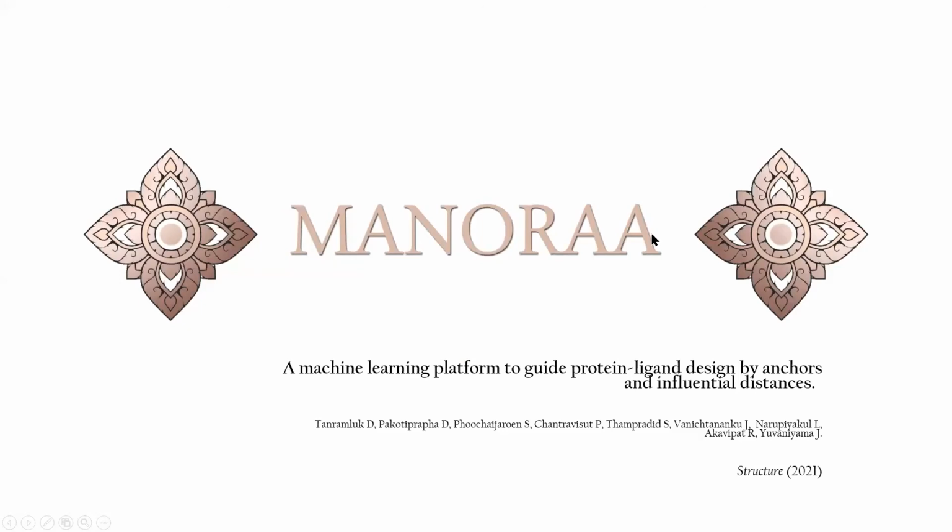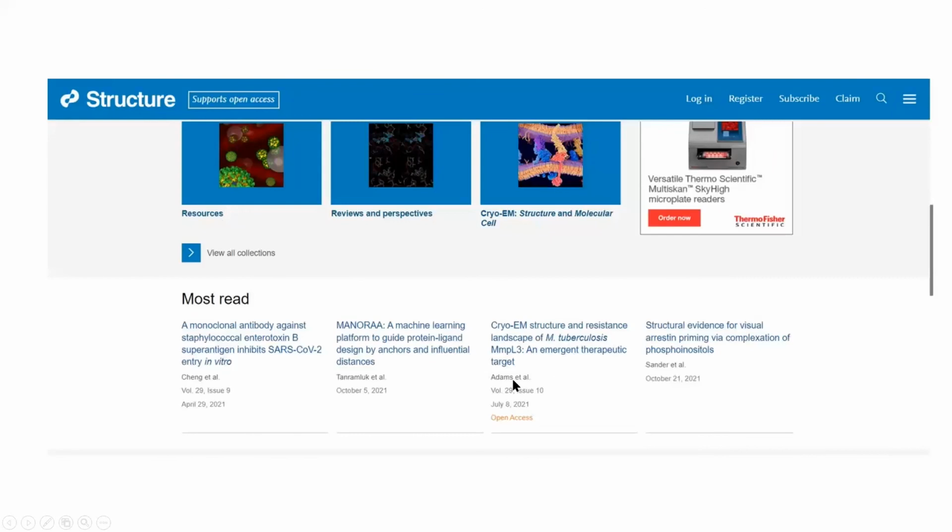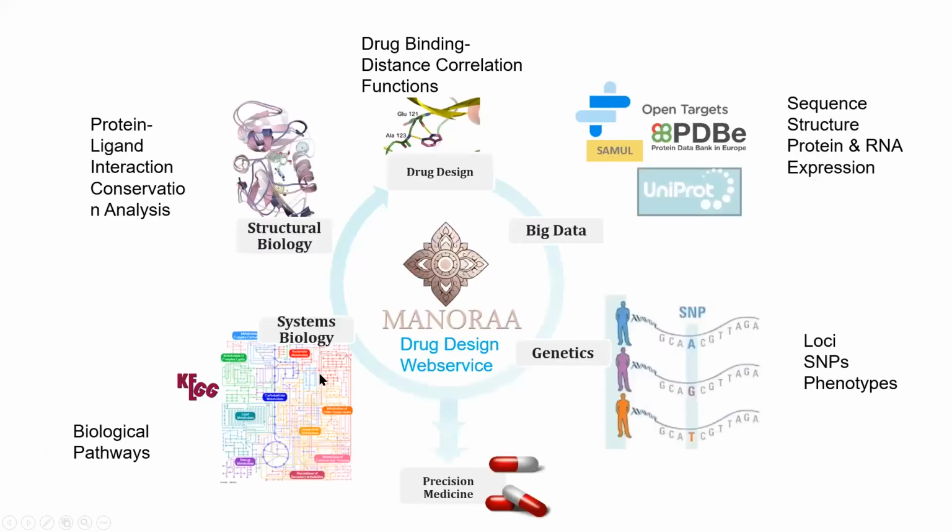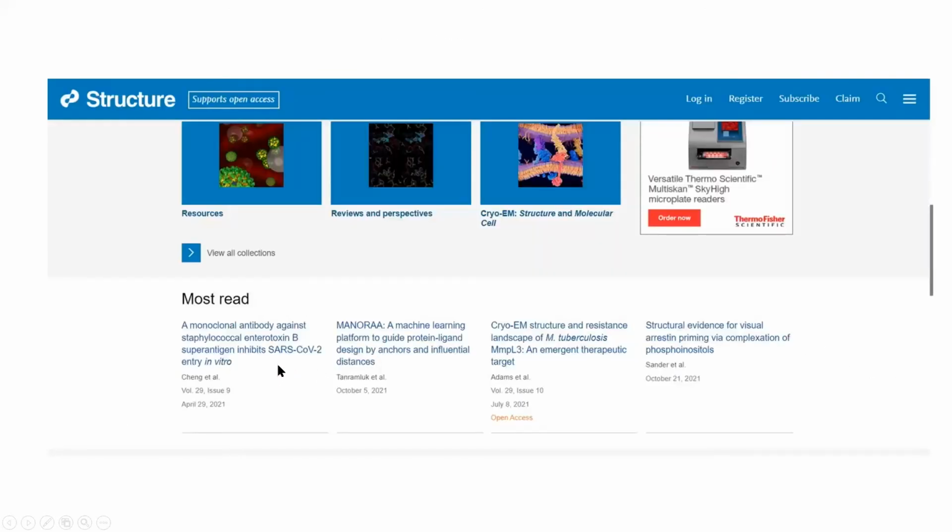And then in 2021, just the last couple of months, I have published a paper called A Machine Learning Platform to Guide Protein and Ligand Design by Anchors and Influential Distance. The server is called MANORAA. MANORAA has been the most read paper for 5 weeks, and it's getting more and more attention from structural biologists around the world.